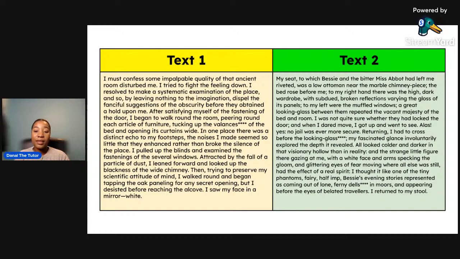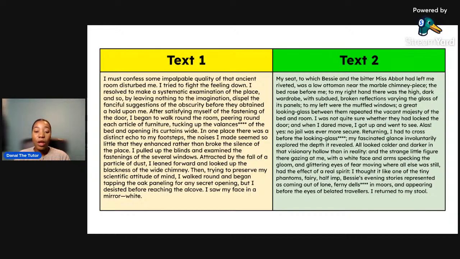After satisfying myself of the fastening of the door, I began to walk round the room, peering round each article of the furniture, tucking up the valances of the bed, and opening its curtains wide. In one place, there was a distinct echo of my footsteps. The noises I made seemed so little that they enhanced rather than broke the silence of the place. I pulled up the blinds and examined the fastenings of the several windows.